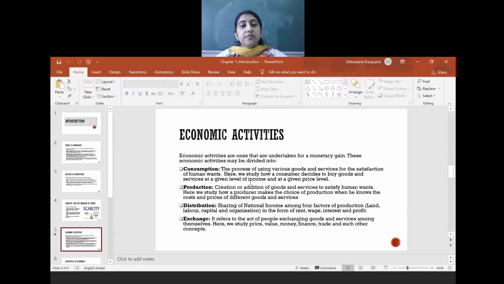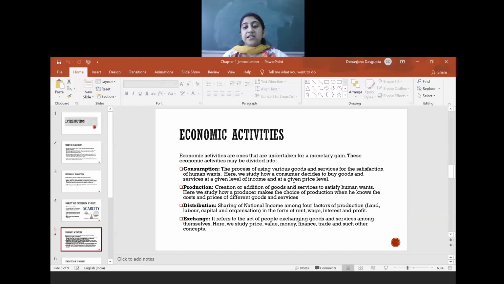So a consumer will be having a limited budget and he has to decide which are the things he wants to consume using that budget. So he has to maximize his satisfaction using the budget that the consumer has in his hand. Right? So the budget is limited. Using that budget, the consumer has to make the choice of the things that he wants to consume.